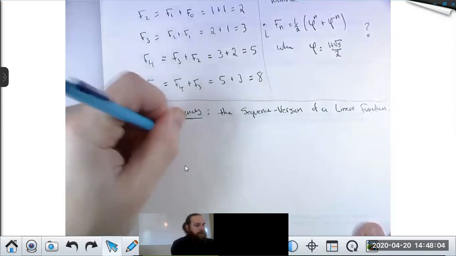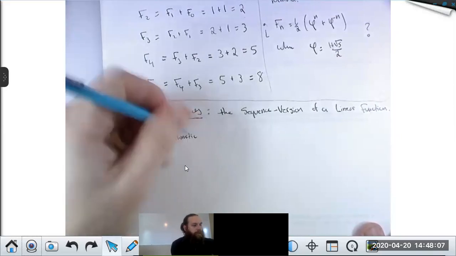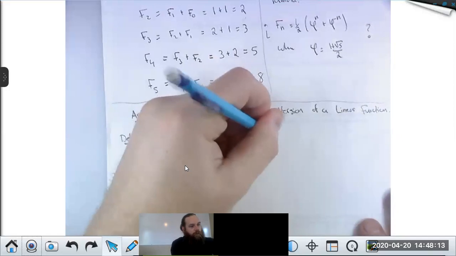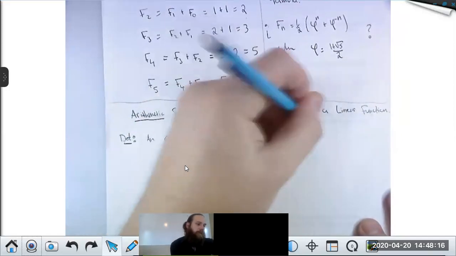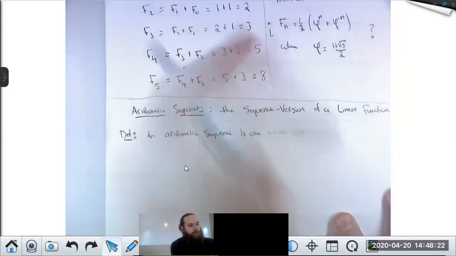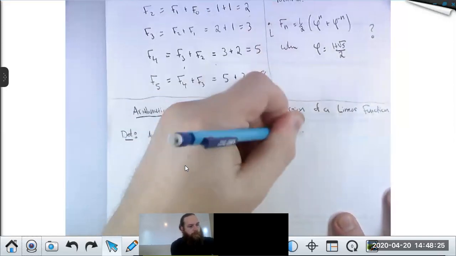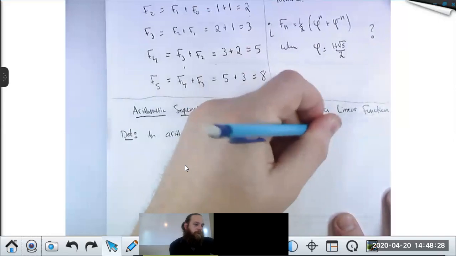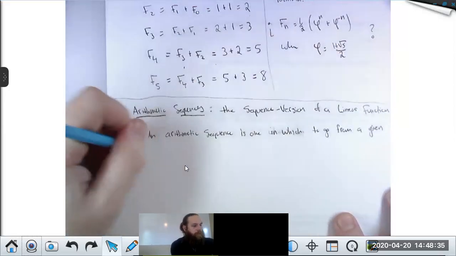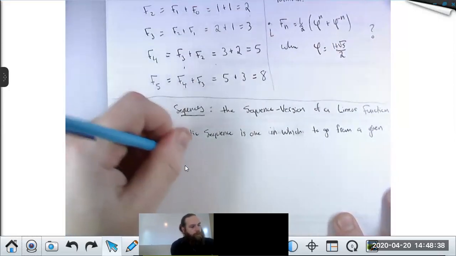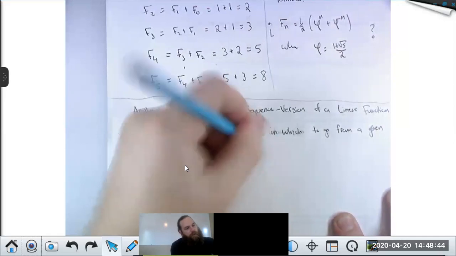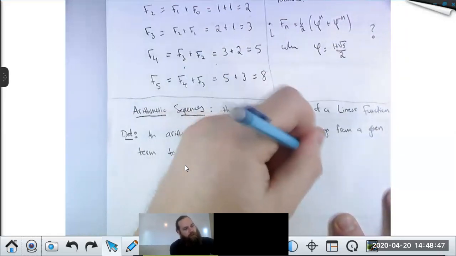So an arithmetic sequence is one in which to go from a given term to the next term, we add a fixed constant.